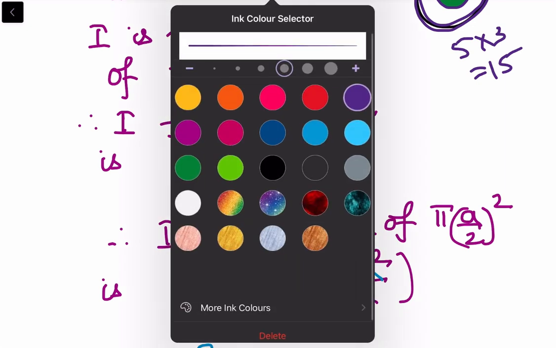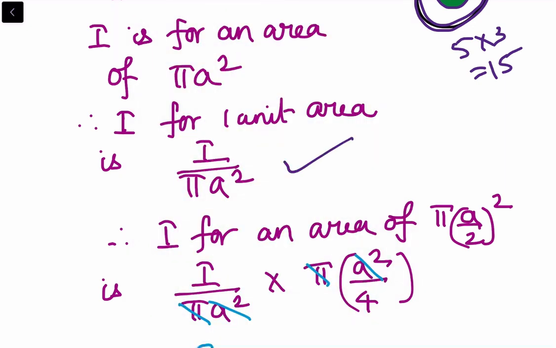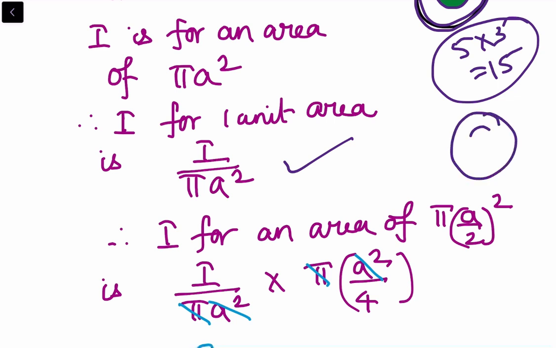So I divided by pi a square. That is what we first found, the price of one chocolate. Then multiply with the inner area, because the inner circle has a radius of a by 2. So the inner circle area is pi times a by 2 whole square.